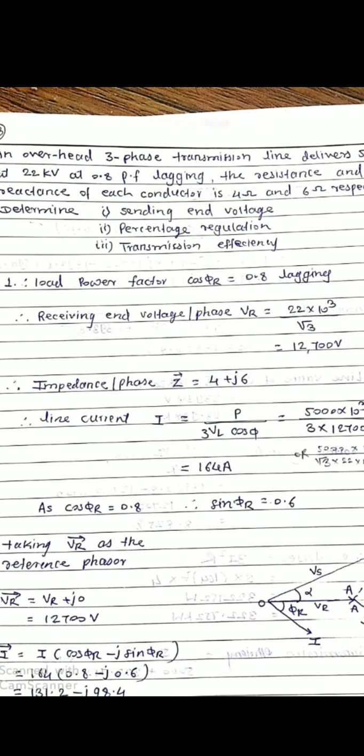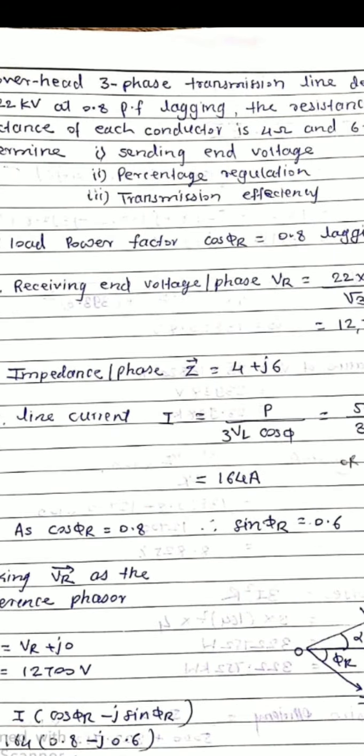As cos phi r is 0.8, sin phi r is equal to 0.6.